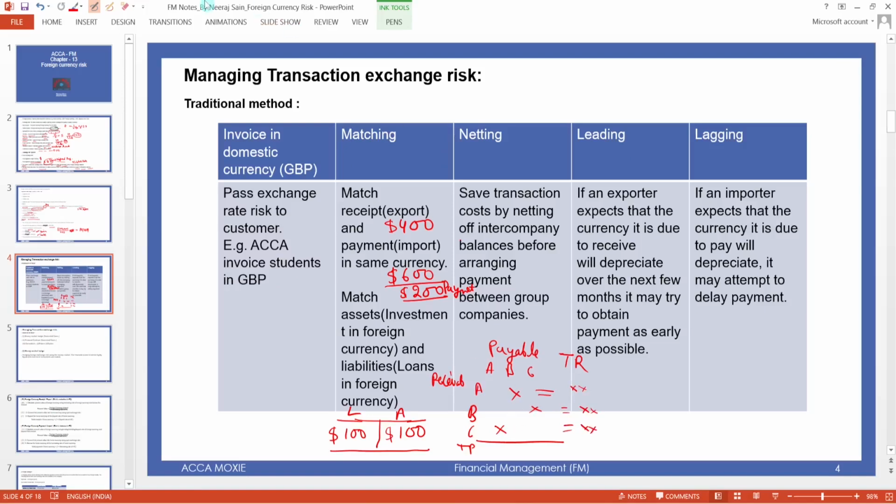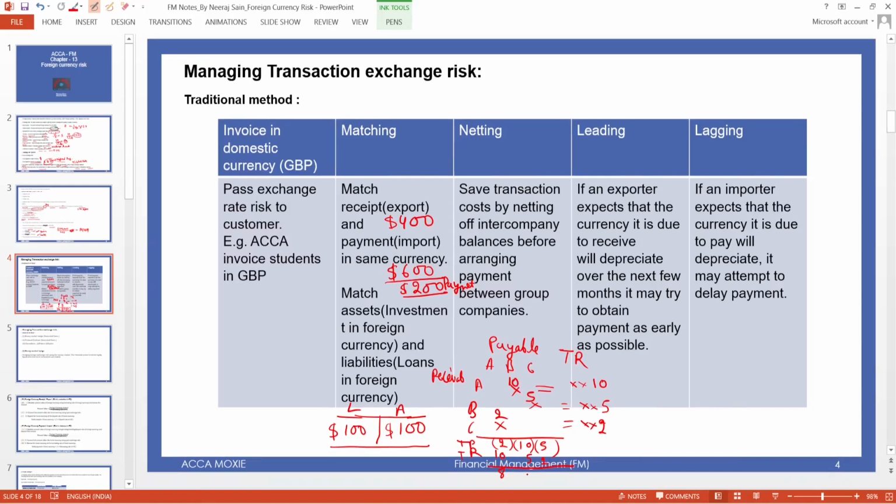Okay, let me put numbers as well. So if you have to pay 10 and 5 to, like, 10, 5, but if you are receiving, total receivable is 10, 10, 5, okay, then how much you have to receive, 8, you are receiving 8 but you are paying 5.